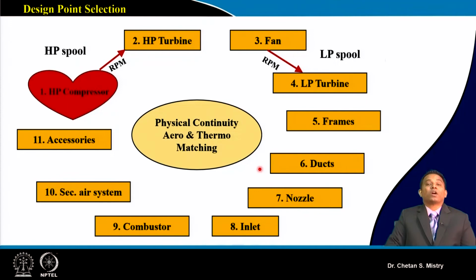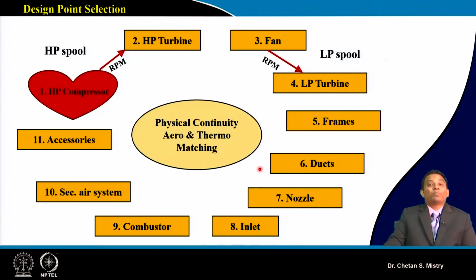From there your initial engine design starts. We have discussed what kind of flow track we will select: is it constant mean diameter, constant tip diameter, or constant hub diameter? All those things come into the picture.